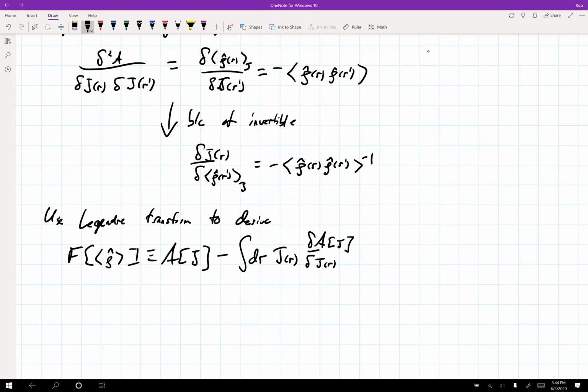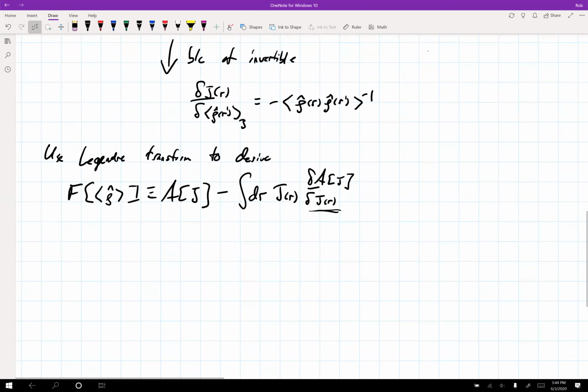And of course, this derivative is the thing that we've shown above, that's equal to the average density. So this is equal to A of J minus the integral dr J of r rho hat of r.